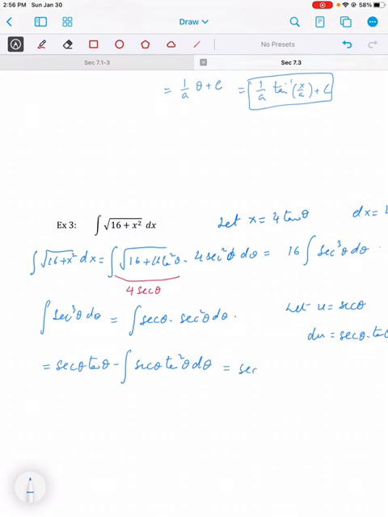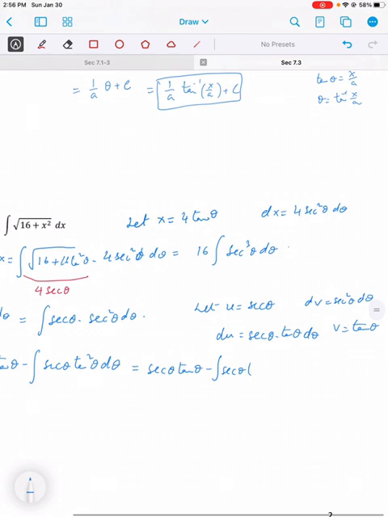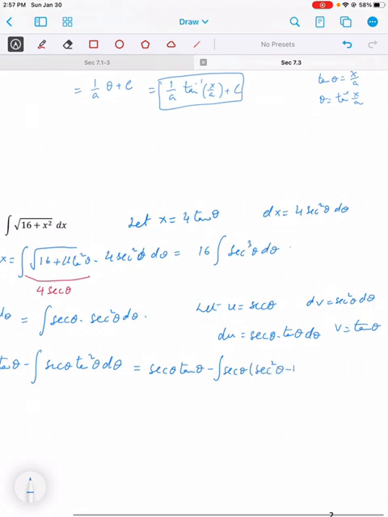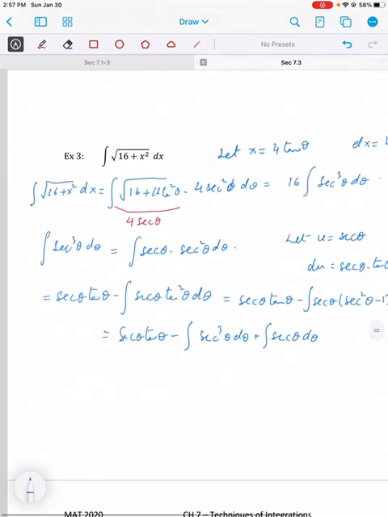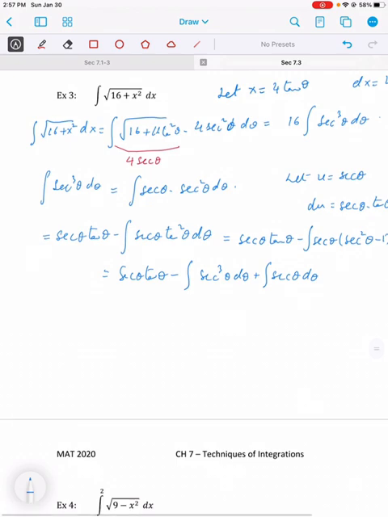Using the Pythagorean identity again, we have tangent squared theta is secant squared theta minus 1, which is... So remember what we do here now, because our left hand side was secant cubed theta d theta.